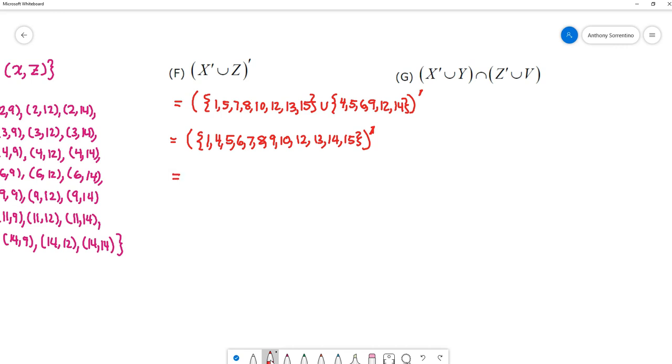So what I'm looking at for a final answer is the number 2, 3, 4, 5, 6, 7, 8, 9, 10 are all in there. 11 is not. 12, 13, 14, and 15 are all in there, and that's as far as the universal set goes. So this set is just the numbers 2, 3, and 11.